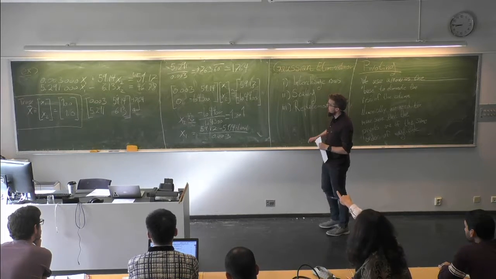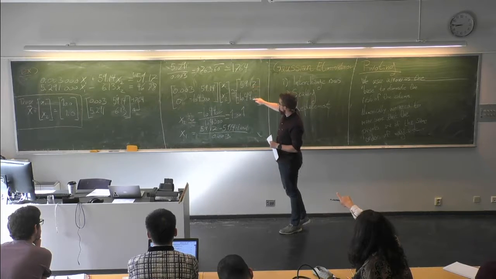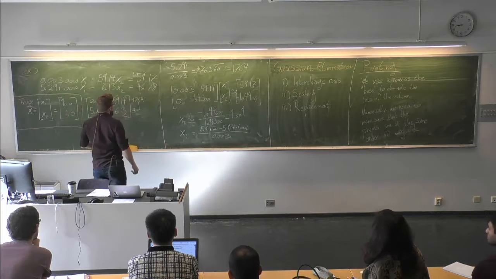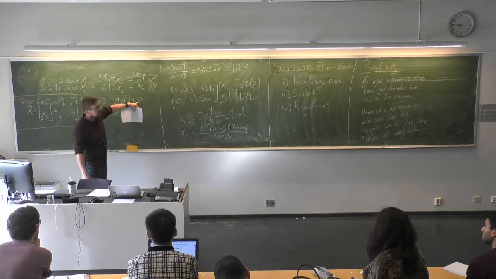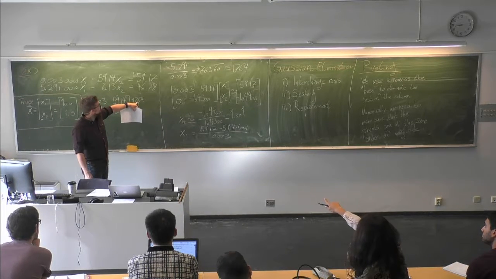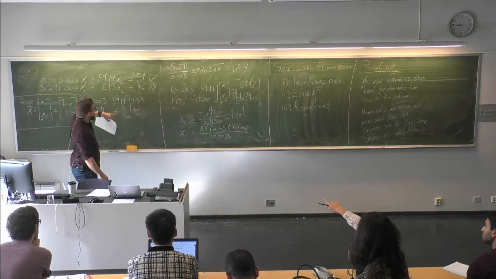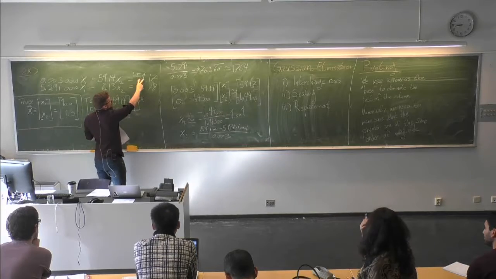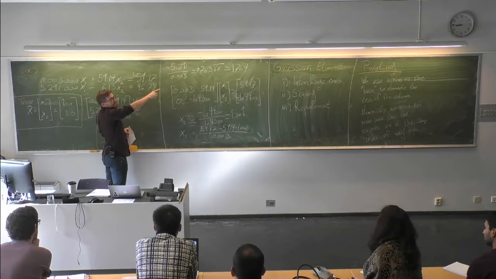Because we also need to do this with the b vector. Yeah, the vector. So we have this number times 1,764.